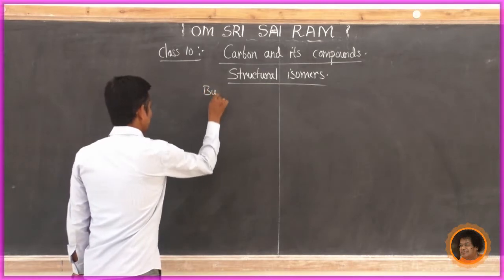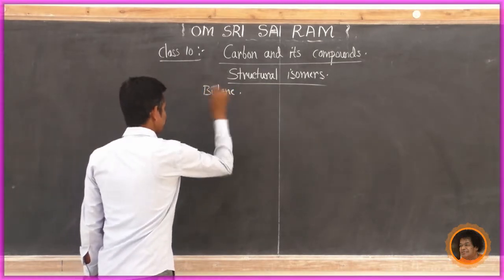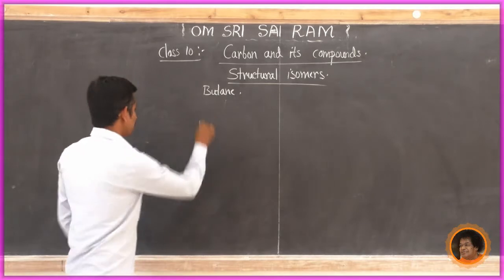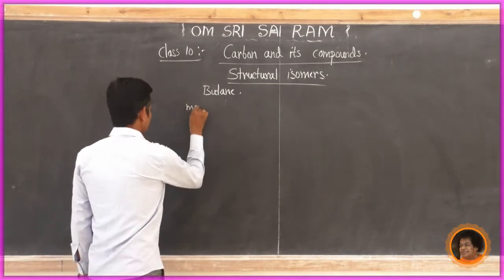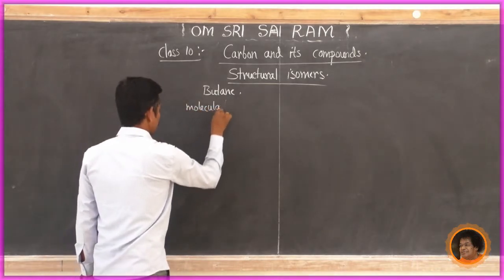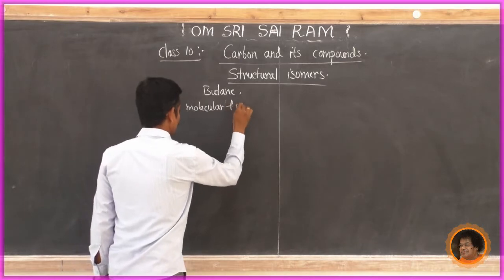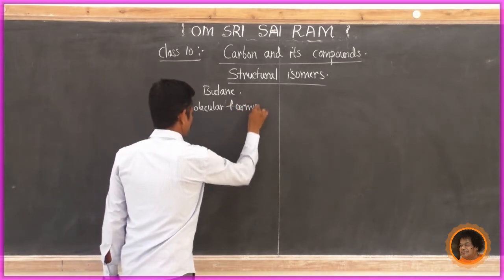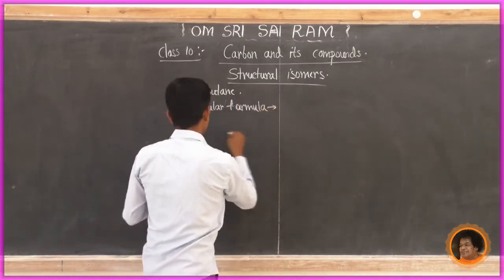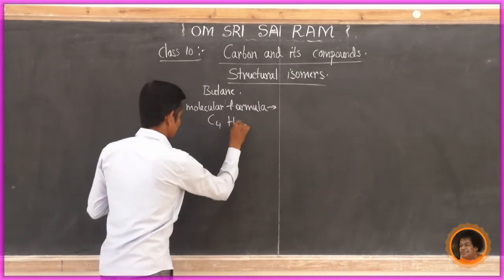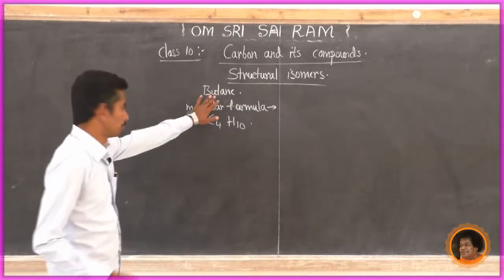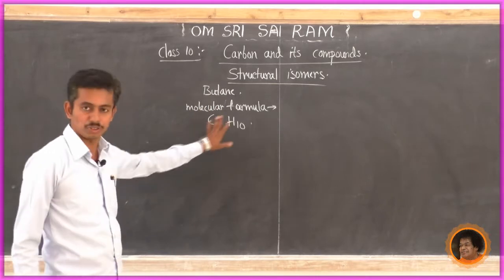This is butane. You know that butane is a member of the alkanes. The molecular formula of butane is C4H10.